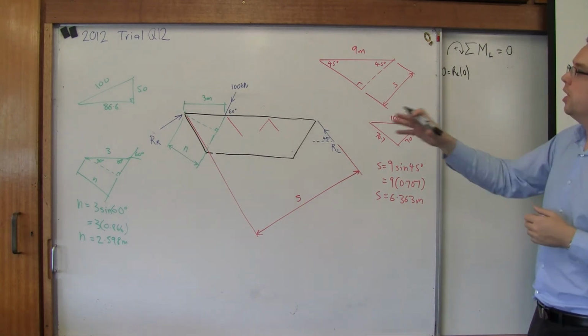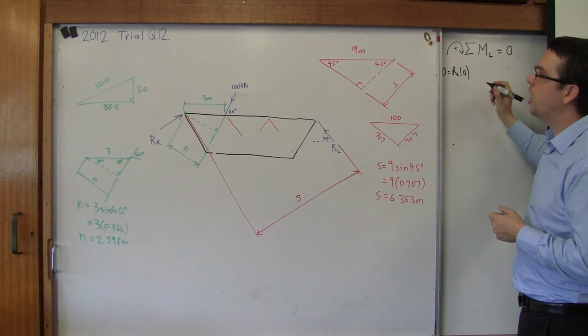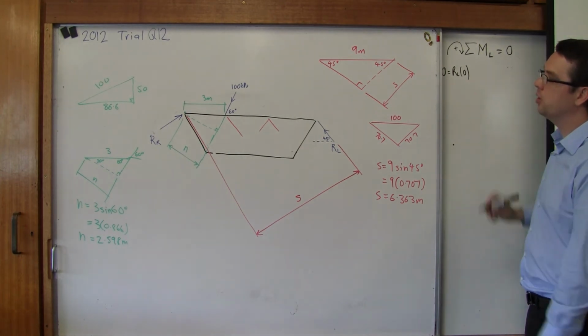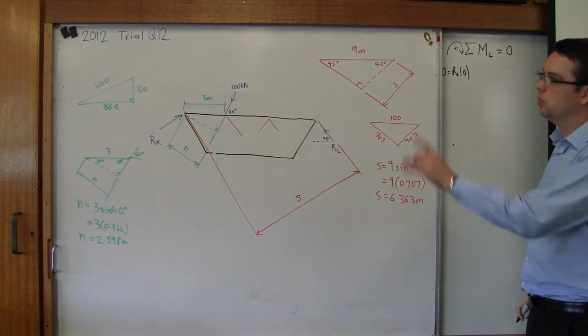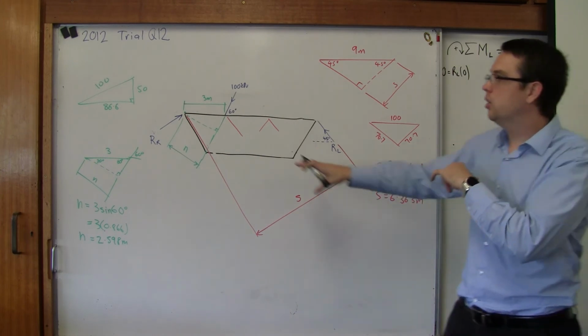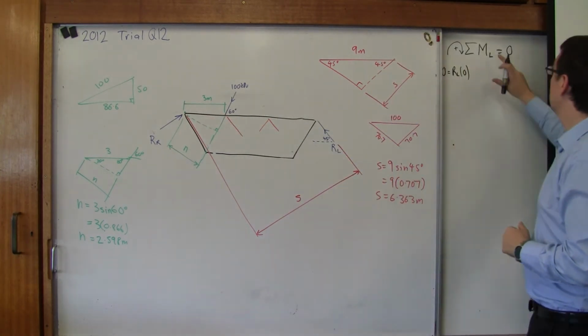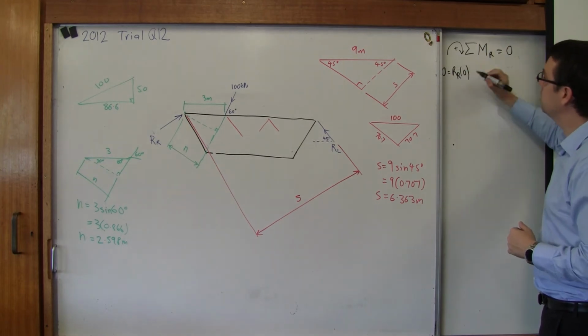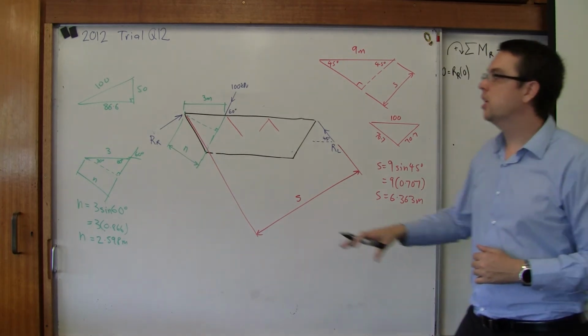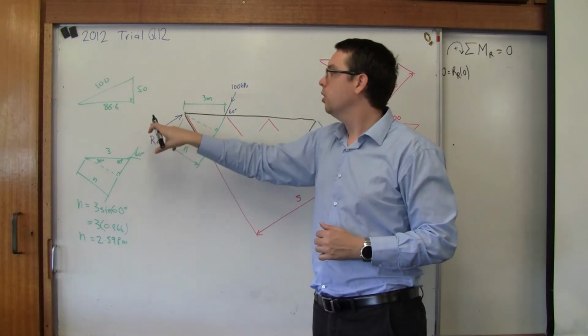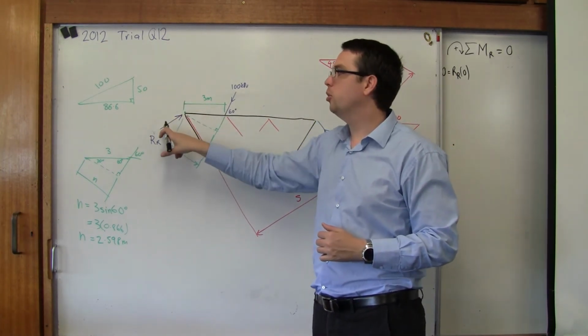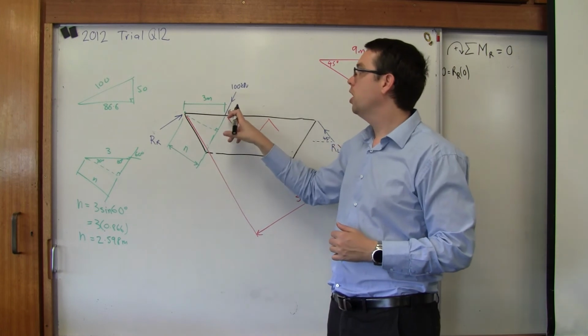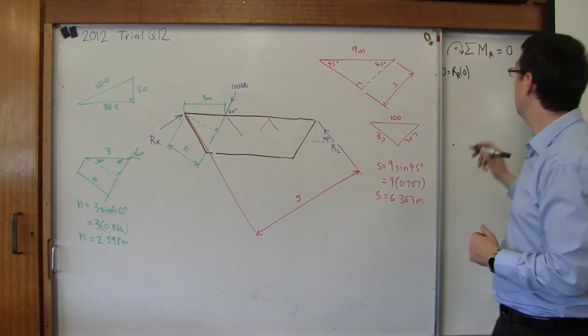And then we're going to have two other forces. We've taken all of our distances relative to point R. We're saying we're going to worry about R later. For the moment, R is going to multiply by 0. Ignore that for the moment. We're going to take this force here, which is 100.